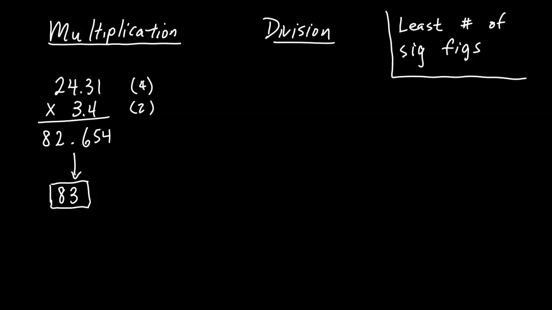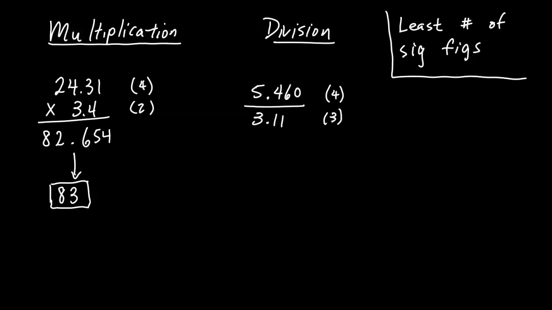For division, it has the same rule. So let's say that I am dividing 5.60 by 3.11. The 5.60 has 1, 2, 3 sig figs, because the trailing 0 at the end is also significant. So this has 3 significant figures. 3.11 has 3 significant figures.